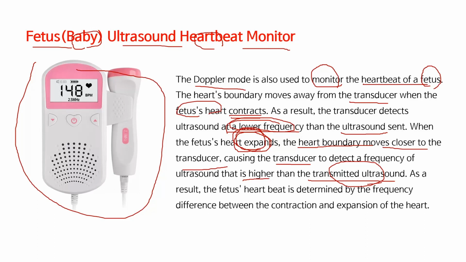As a result, the fetus's heartbeat is determined by the frequency difference between the contraction and the expansion of the heart. So in this way, we can measure the heartbeat of the fetus.